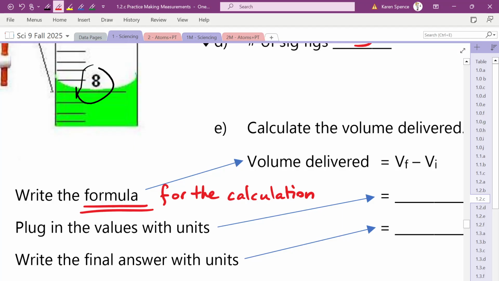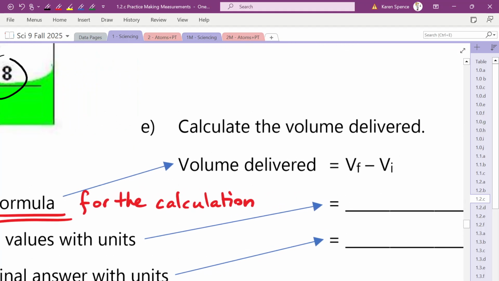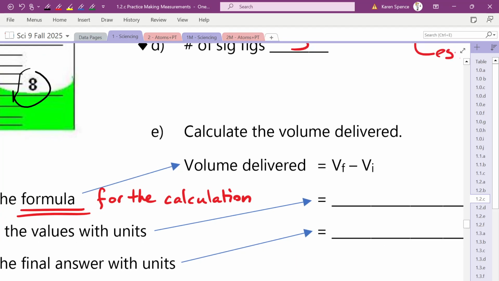So, what are we measuring? You can say the volume delivered because we are delivering a certain amount out of the burette. Or if you just want to say volume dripped out, that would be fine too.